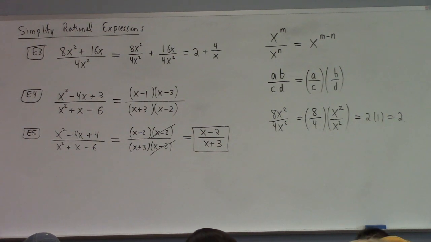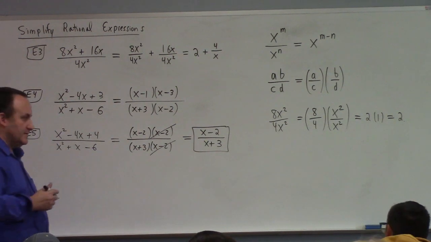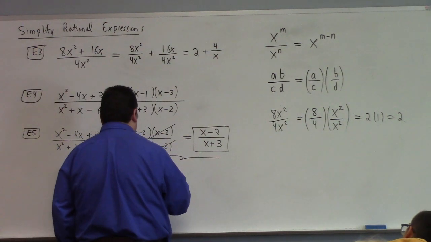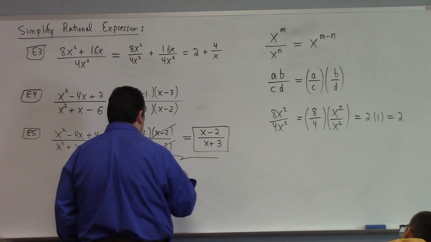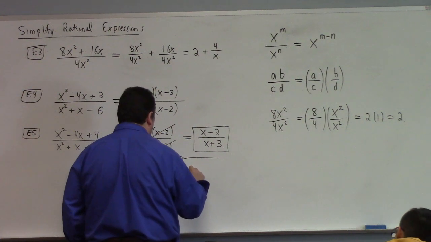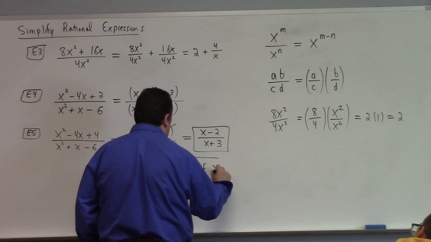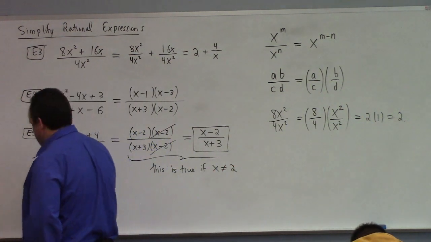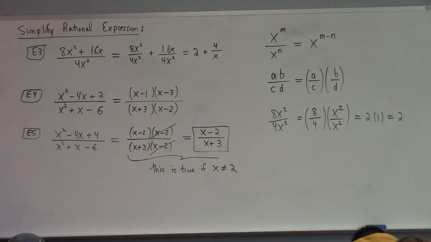When is this step true? This is true if x is not equal to 2. Technically speaking, that simplification has a string attached to it.